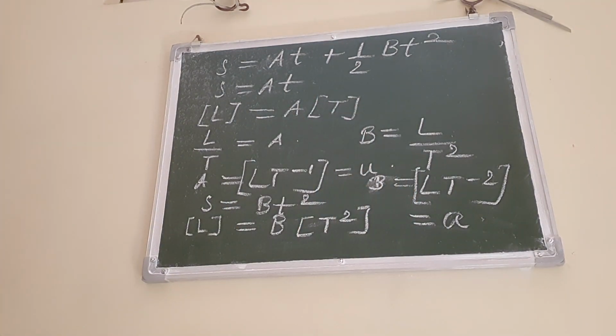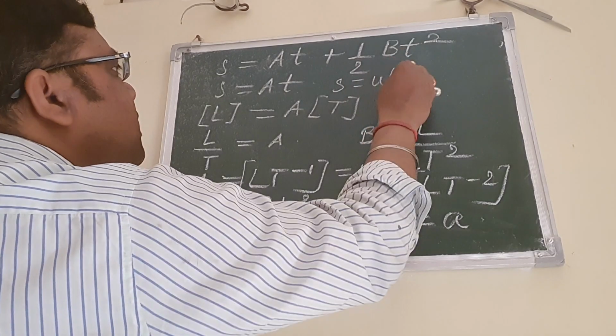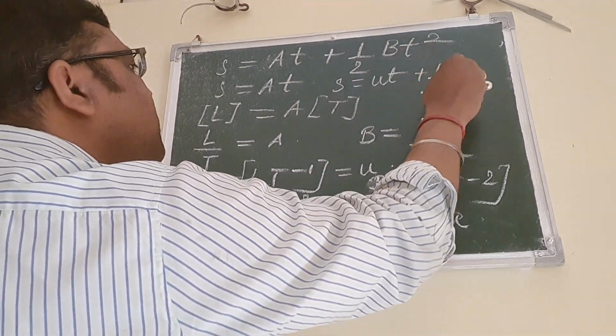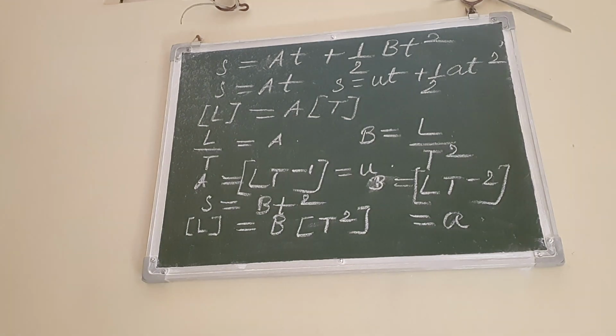So this is our second equation of motion: s is equal to ut plus half at square. This is the answer. I think you all might have understood this question.